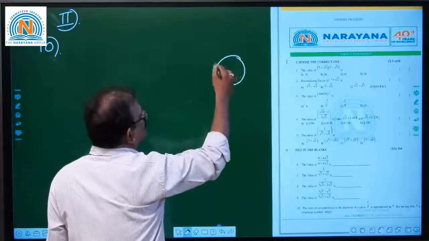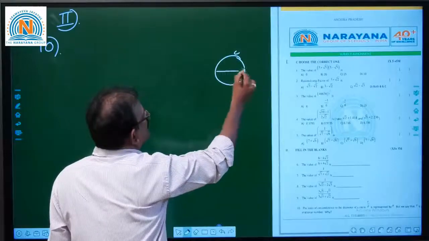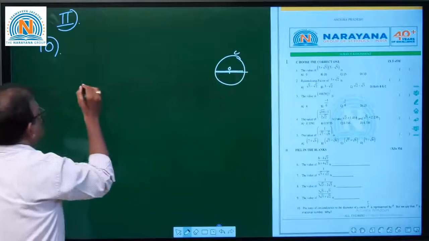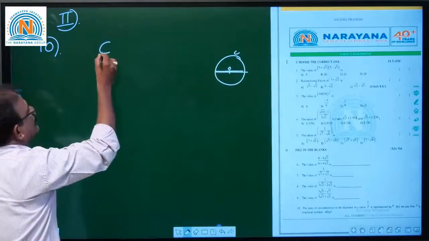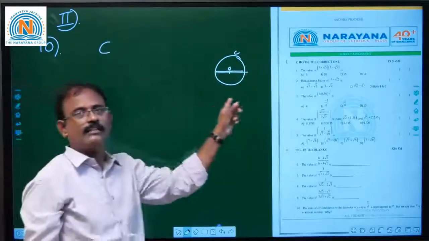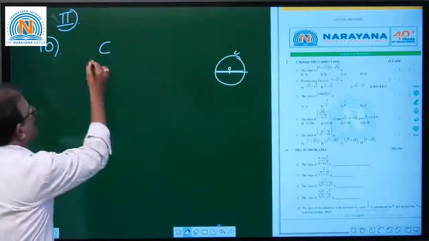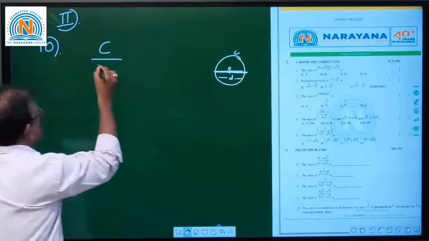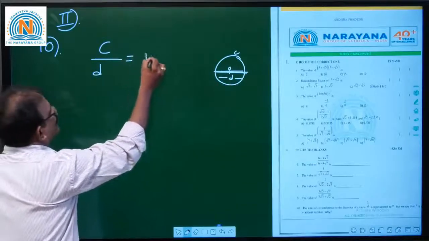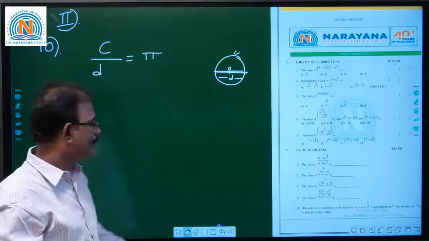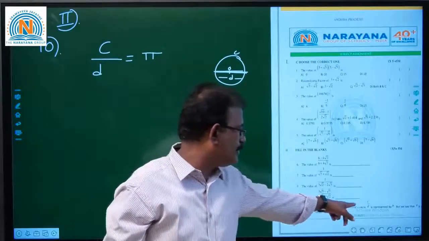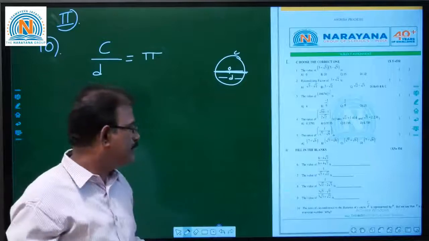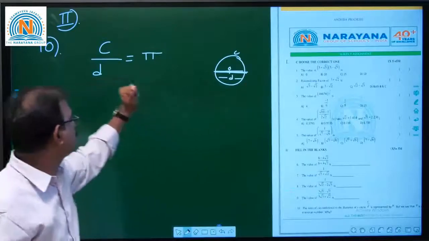If you take any circle, its circumference is C, its center is O, diameter D. So the ratio of the circumference of the circle, the total length of the boundary C, by the length of the diameter D is represented by pi. But we say that pi is an irrational number.